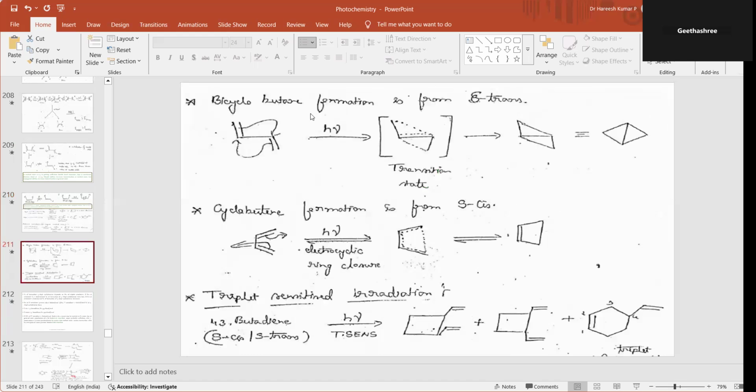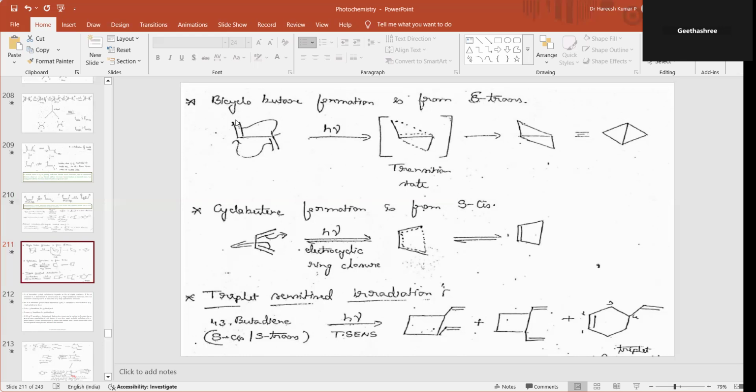Here, bicyclo. So this is a butadiene. You know that this pi bond, if it undergoes homolytic cleavage, gives one radical here, one radical here. This pi bond, if it undergoes homolytic cleavage, gives a radical here. So that we will tell in terms of electron, in terms of singlet, in terms of triplet. Then what will happen?